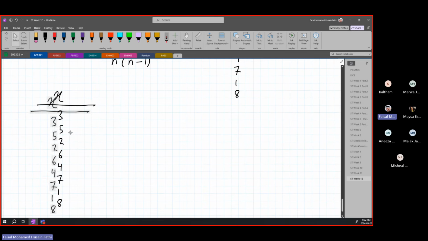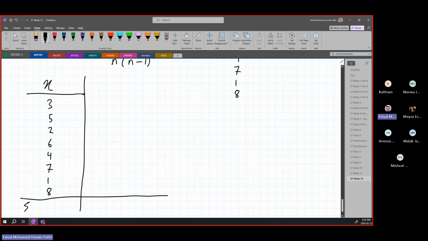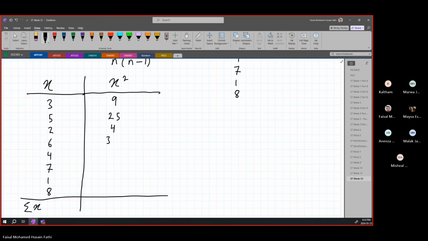So you're going to draw this table down here. And you're going to add a column to it. This is going to be our sigma X down here. And this is going to be our X squared. So if we square these values, this is 9, 25, 4, 36, 16, 49, 1 squared is 1, and then 64.